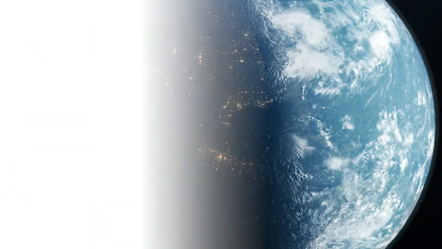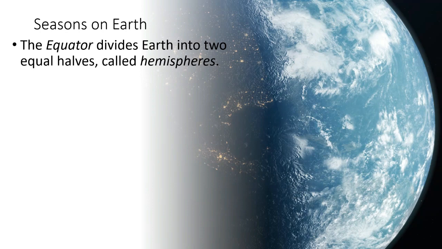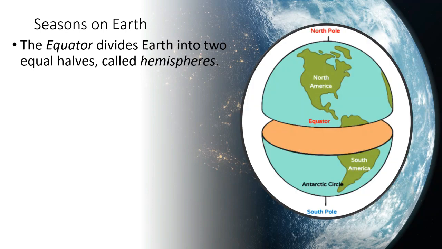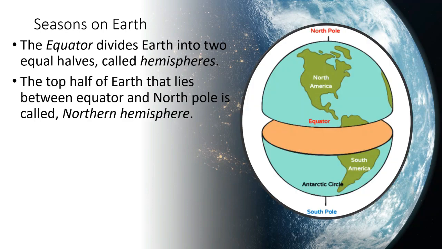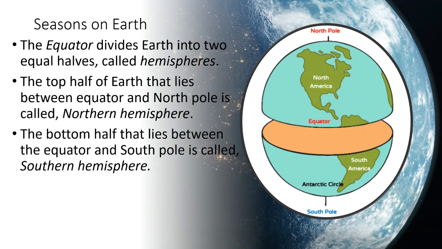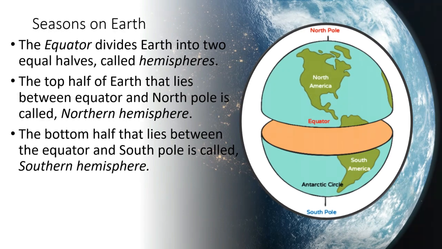The equator divides the Earth into two equal halves called hemispheres. The top half of the Earth that lies between the equator and the North Pole is called the Northern Hemisphere. The bottom half that lies between the equator and South Pole is called the Southern Hemisphere.